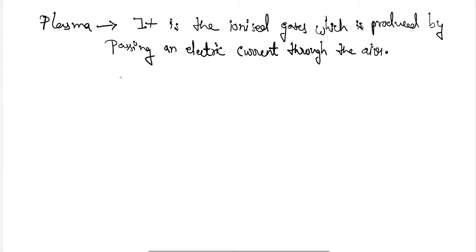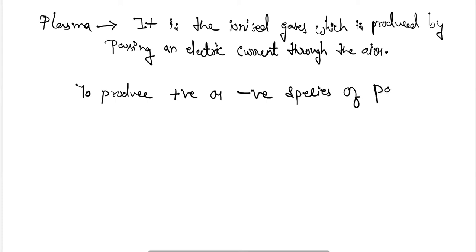What does ionization of gases mean? It means to produce positive or negative species of particles. When positive or negative species of particles are produced, that process is known as ionization. So when gases get ionized, they produce plasma.